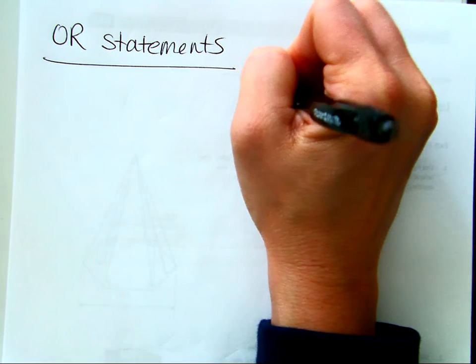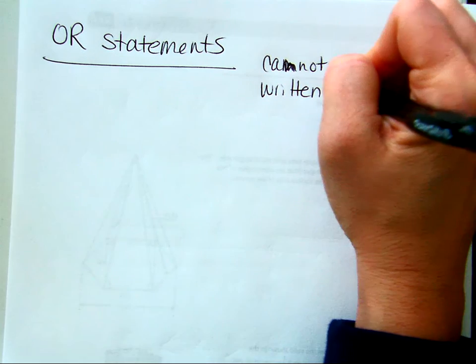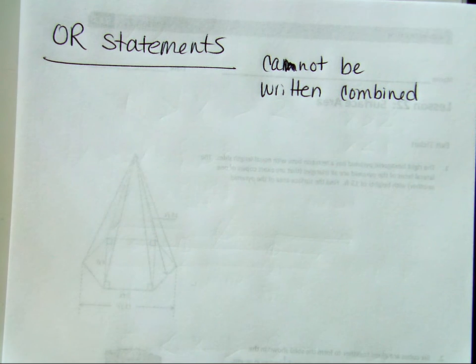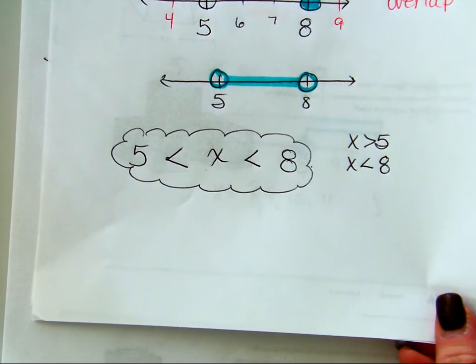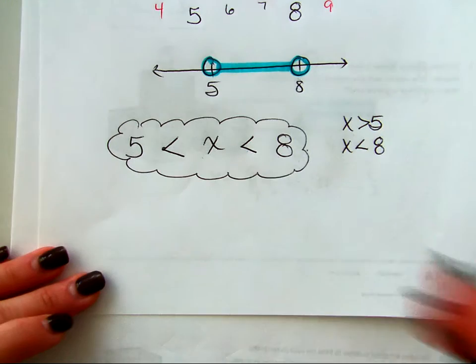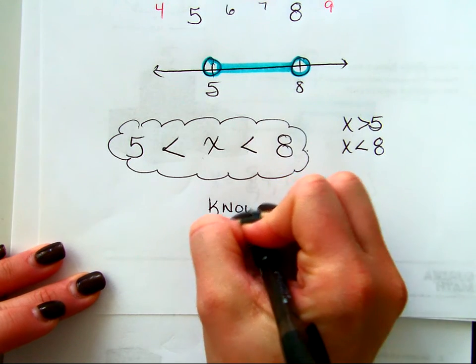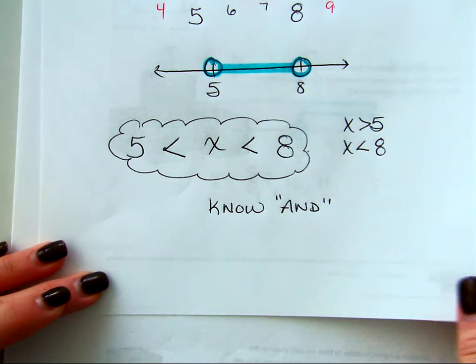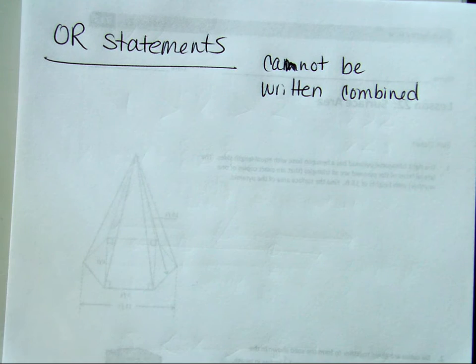They cannot be written in that combined way. So that's the first important thing for you to know: if you do see it combined like that, you know it's an and. So you know this is an and. Because ors cannot be written like that. Pretty important.